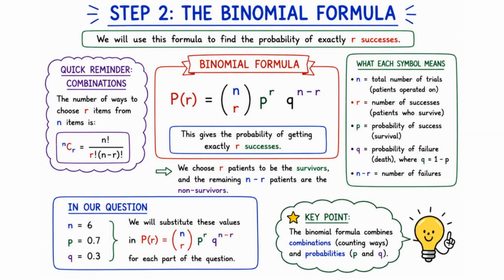R represents the number of patients who survive. P is the probability of survival, while Q is the probability of death. Once you know these 5 values, every binomial question becomes much easier.